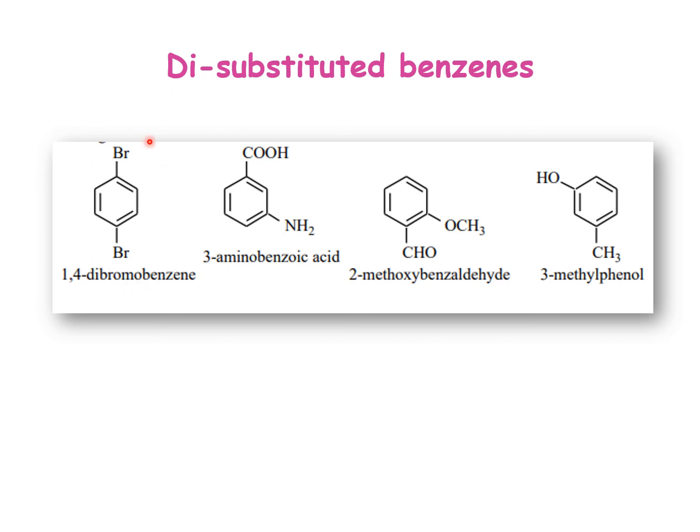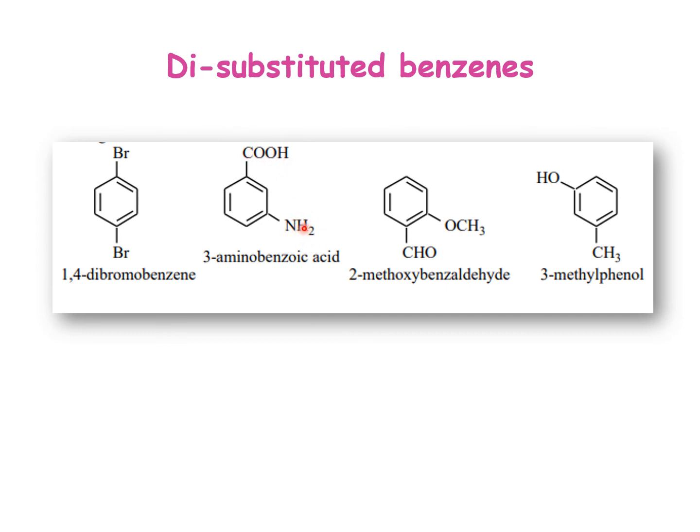Say for example, here we have two bromine groups. So it is a dibromobenzene, but they are present at opposite to each other. So it is 1,4. Here in case we have to decide between COOH and NH2. If you remember, COOH gets the first priority. So it will be suffix, and amino is a substituent.